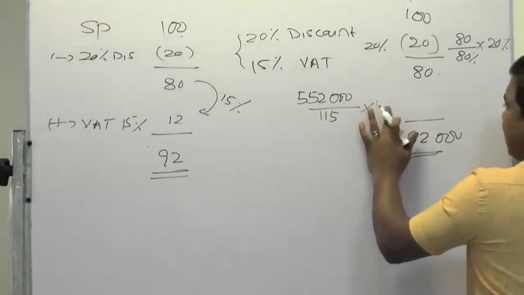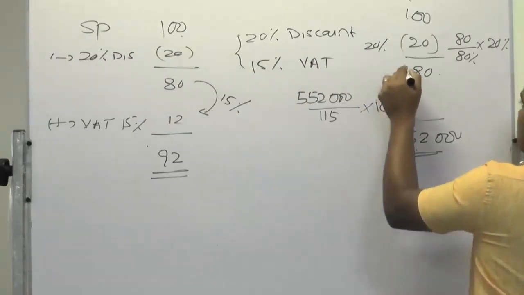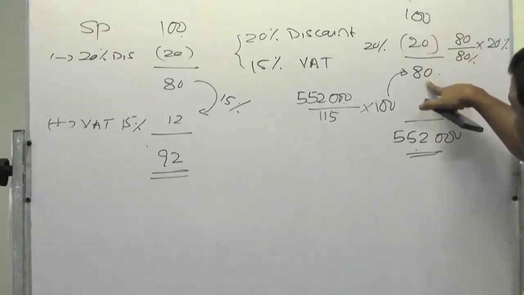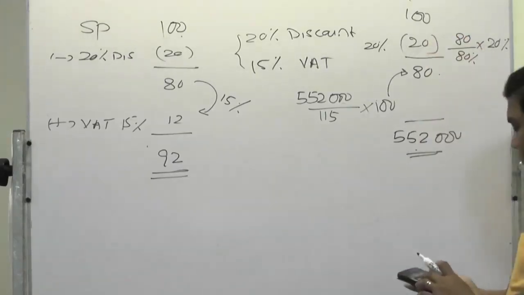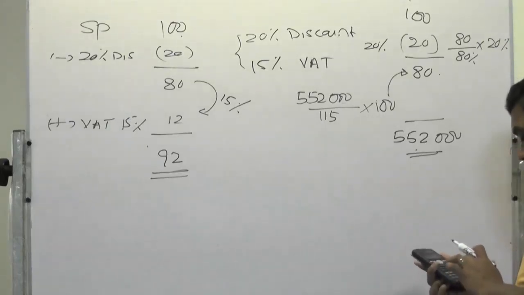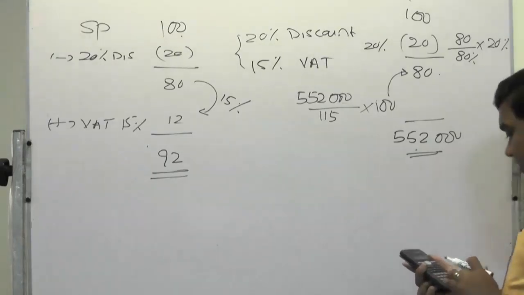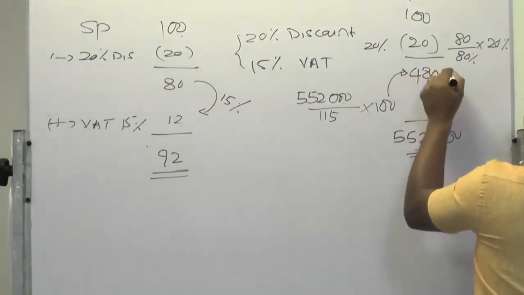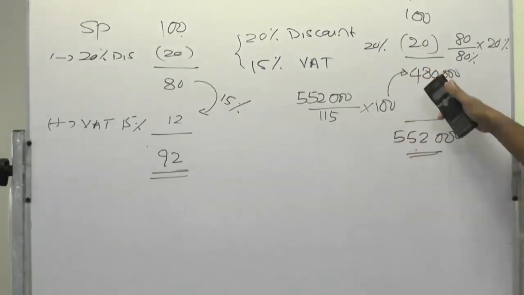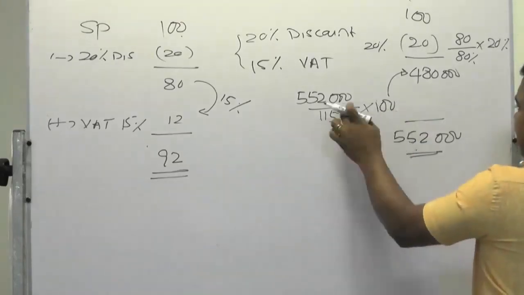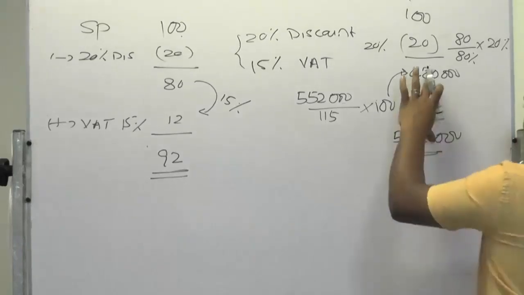If you multiply it by 100, you have the price before VAT. Let's take this answer without taking the VAT answer, right. 552,000 divided by 115 multiplied by 100, price before VAT will be 480,000, right. If you multiply this by 15, you can have the VAT, or the difference is the VAT.